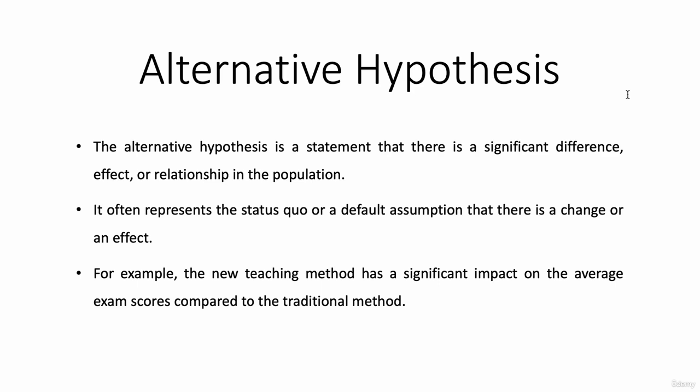If you bring the same example of measuring the capability of the new teaching method, the alternative hypothesis will be that the new teaching method has a significant impact on the average exam scores compared to the traditional method. So that's all about understanding hypothesis testing. In the next video, you will see some more measures to practically conduct hypothesis testing. Thank you.